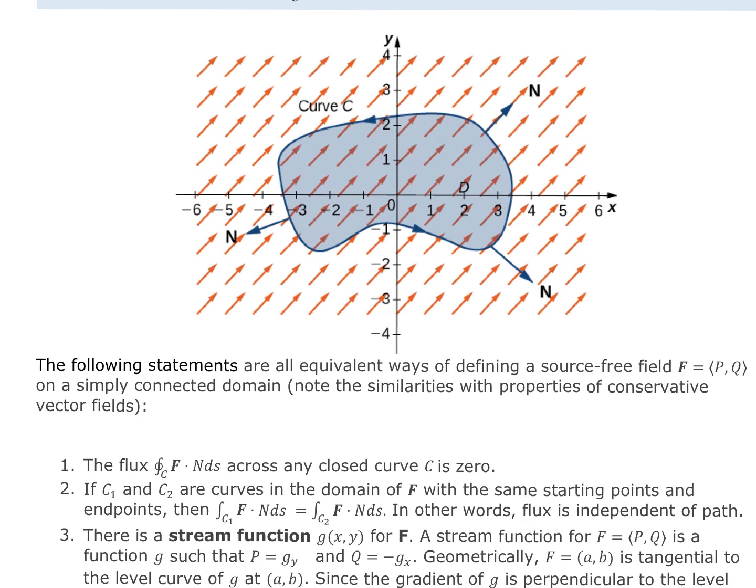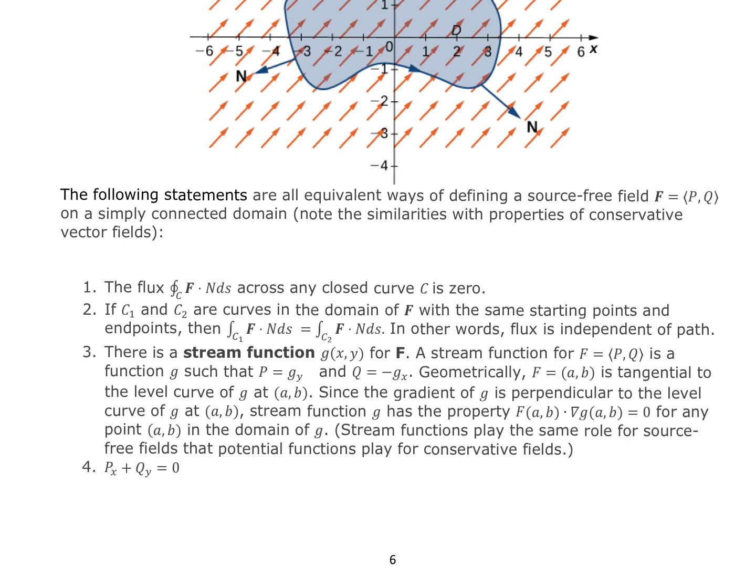Now, all of these statements are equivalent ways of defining a source-free field F of P, Q on a simply connected domain. Note the similarities between the properties of a conservative vector field and this one. The flux across a closed curve C of F dotted with n ds is 0.